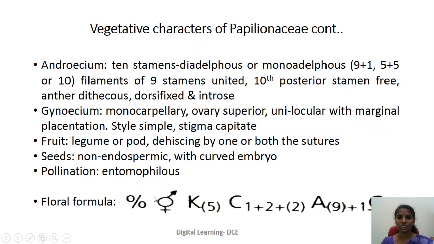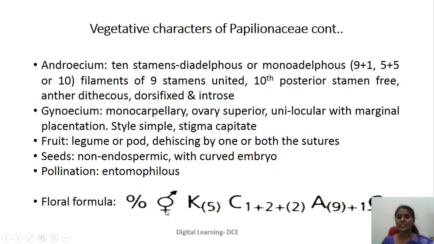Then coming to the floral formula, it is nothing but the representation of floral whorls and their arrangement. So the floral formula of Papilionaceae is as follows. It is zygomorphic, which is represented by the percentage symbol, followed by the symbol which indicates the bisexual nature of the flower.